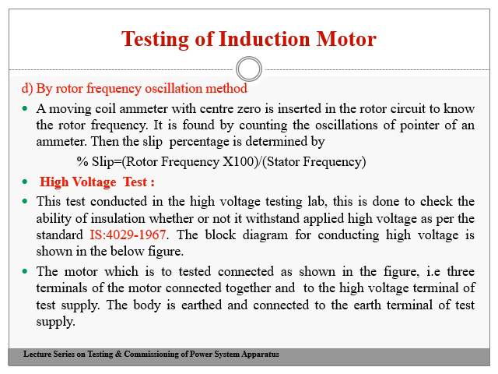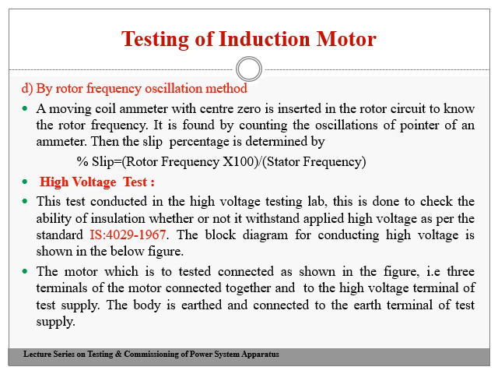And here the specified voltage in accordance with the standard 4029 is applied across the terminals whose withstanding ability is to be determined. From this, you are going to check the ability of an insulation, whether or not it can withstand the specified voltage which is applied across it.